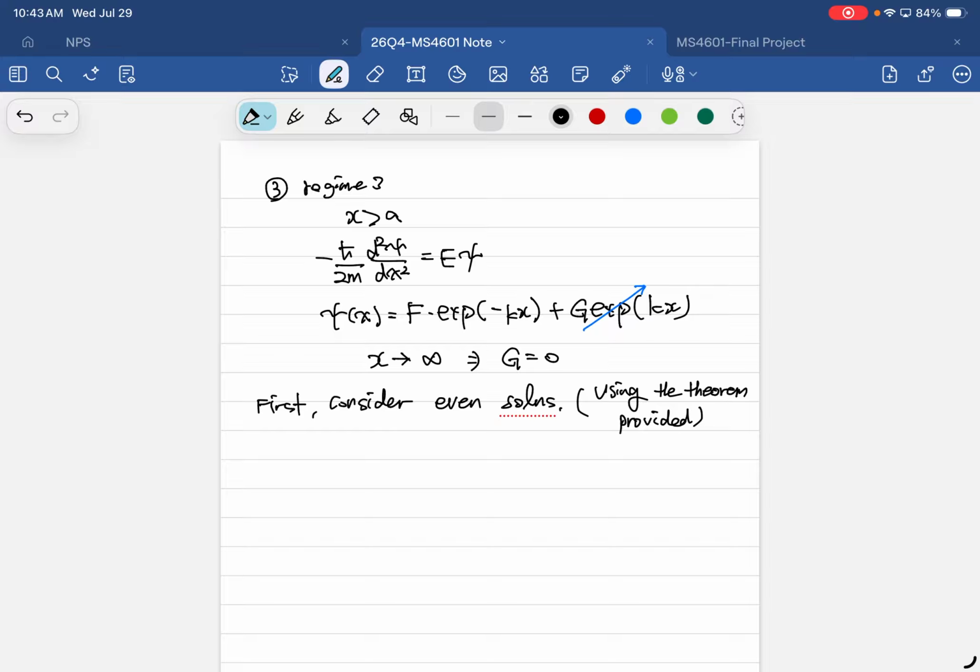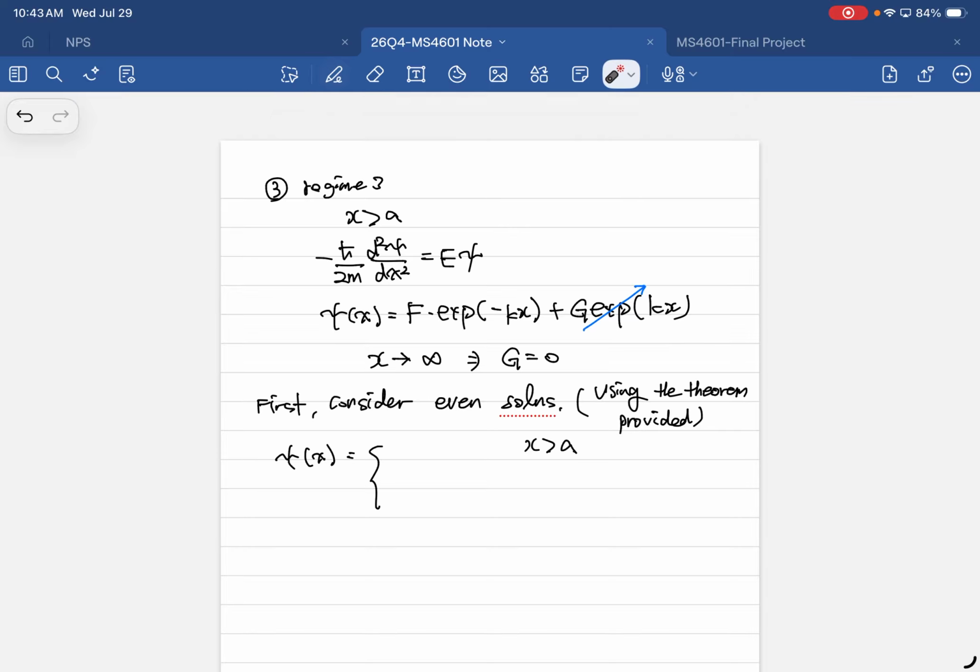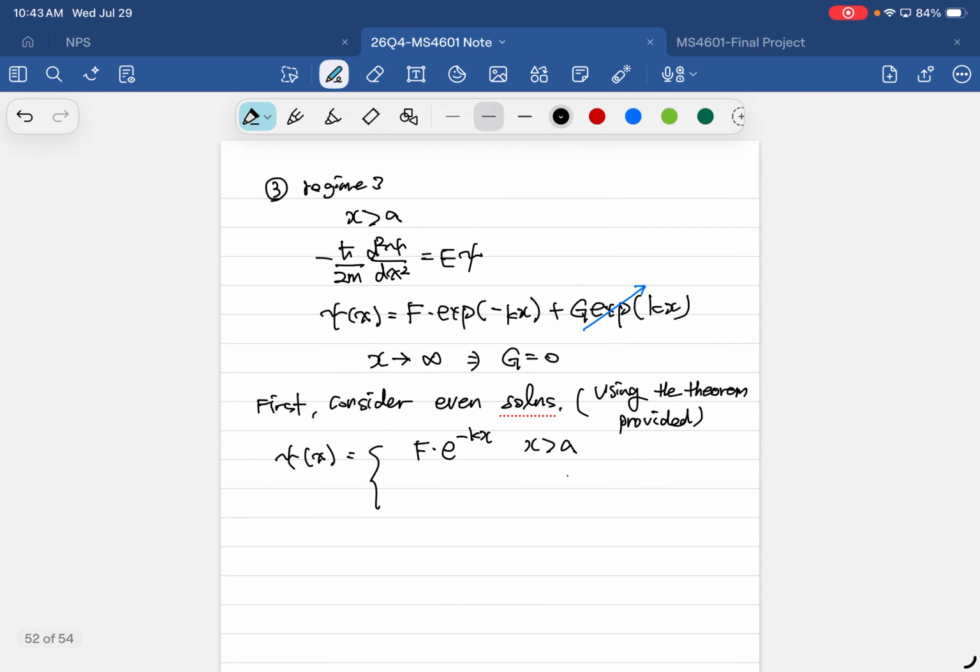So the even solution is essentially, when x is larger than a, that's regime 3, we have the expression F times e to the minus kx power. And when x is larger than 0 and smaller than a, that is D times cosine Lx.